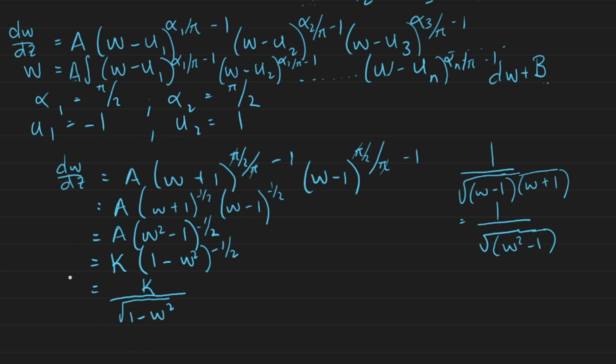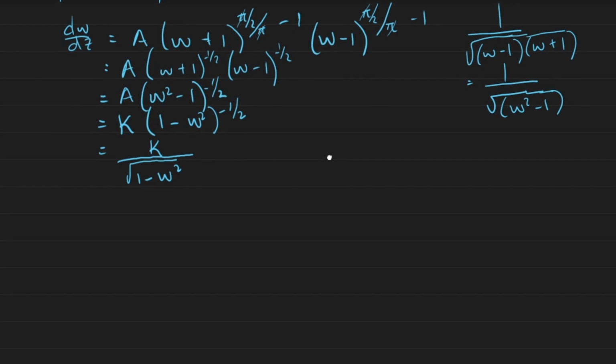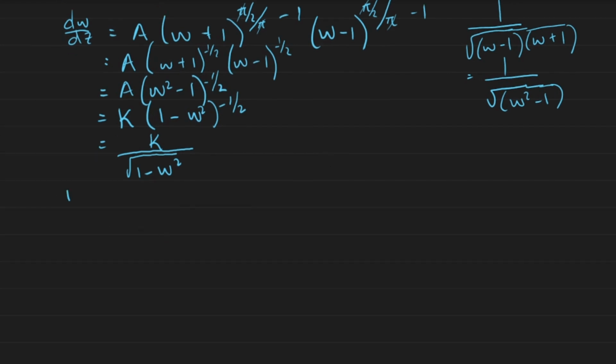So this is a standard integral. Remember that this here is a derivative, and we are now integrating this because we want w. So if we now find w, w is equal to this integral of k over the square root of 1 minus w squared, integrating with respect to dw.